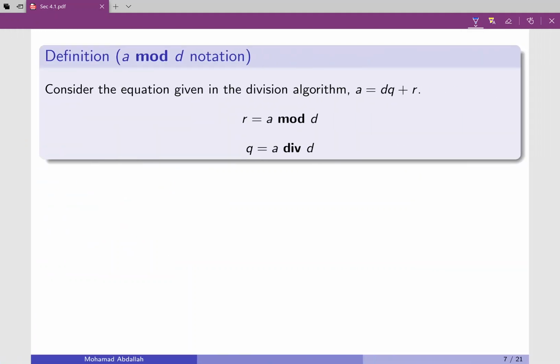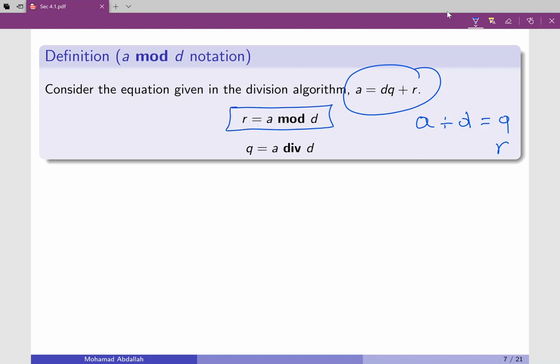So this is a notation that we will get used to. Consider the equation given from the division algorithm, a equals dq plus r. This is the result of dividing a by d. So I get the quotient q and the remainder r. Now for r, we will use the following notation: a modulo d, a mod d. So a mod d is the remainder of dividing a by d.